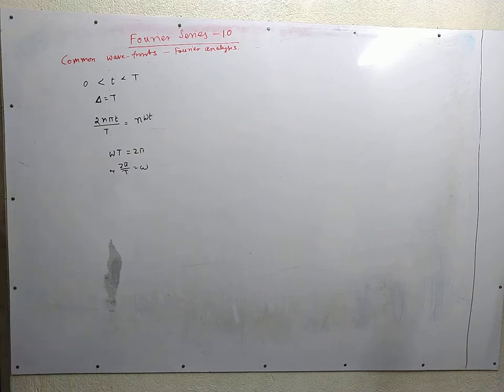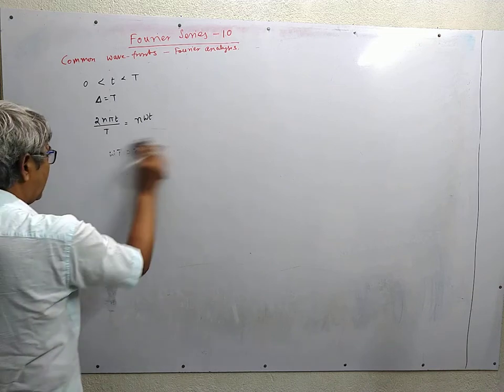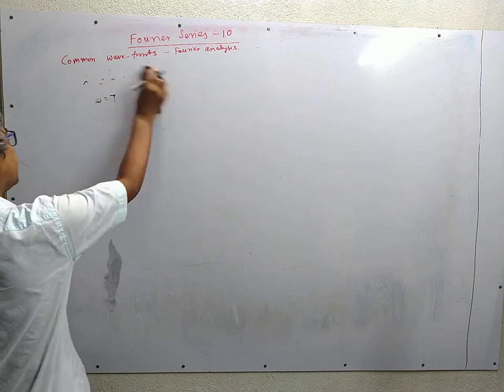So for a time series analysis, the Fourier expansion becomes like this.